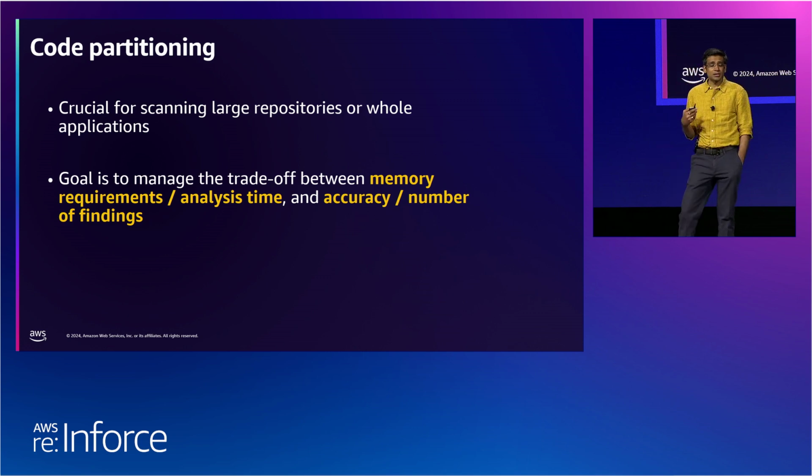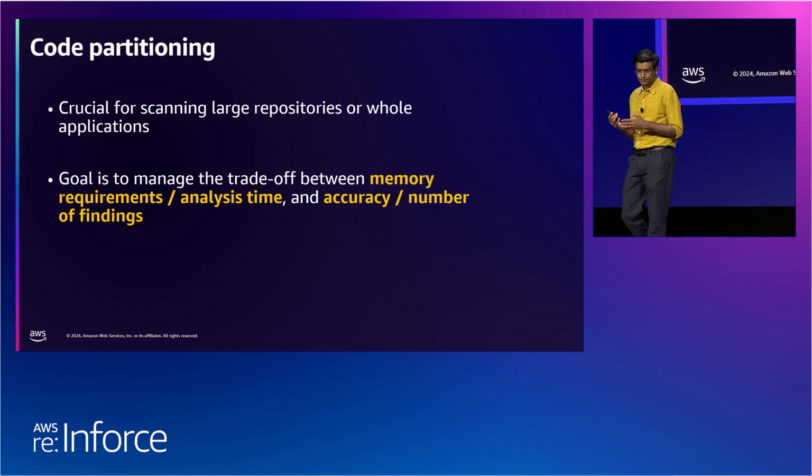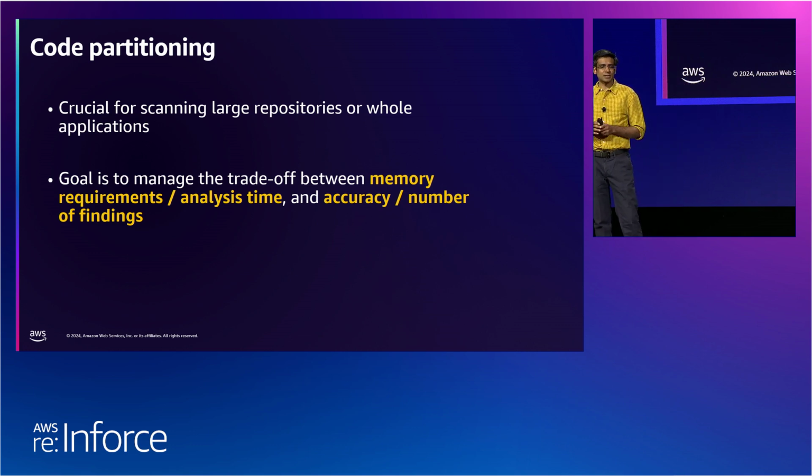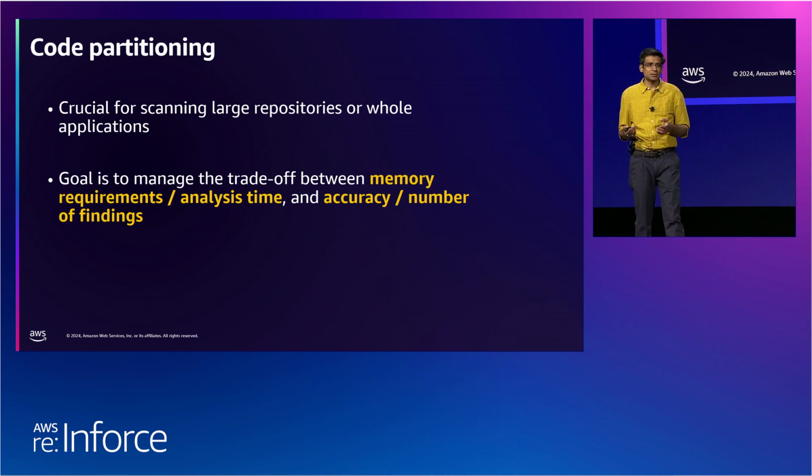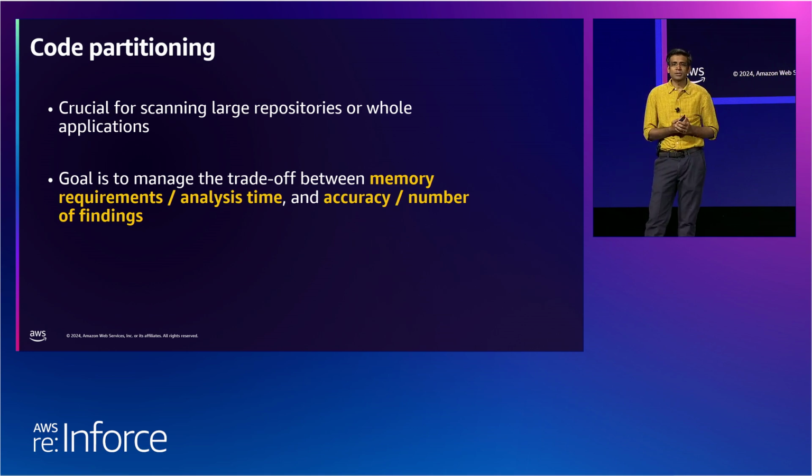Code partitioning is extremely crucial when one is analyzing large repositories or whole applications. Most of the analysis algorithms for code analysis are either quadratic or cubic in time complexity. And so when analyzing large applications, the analysis of the code can take a long time.